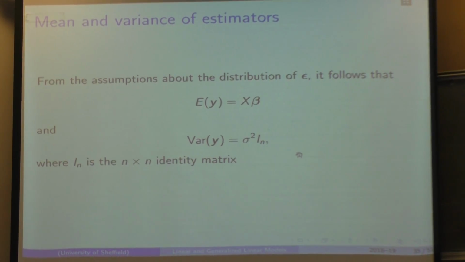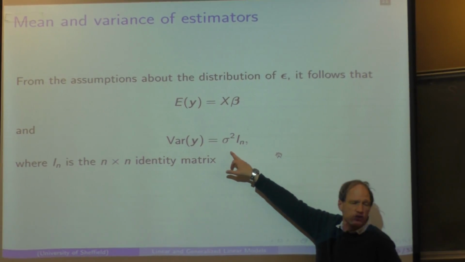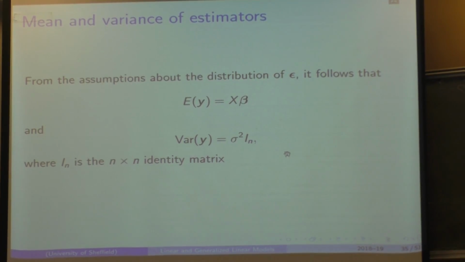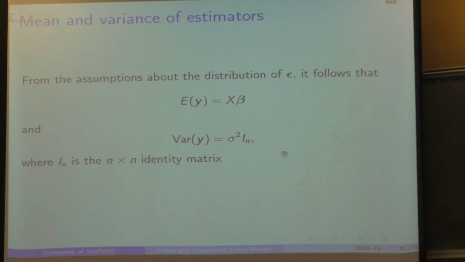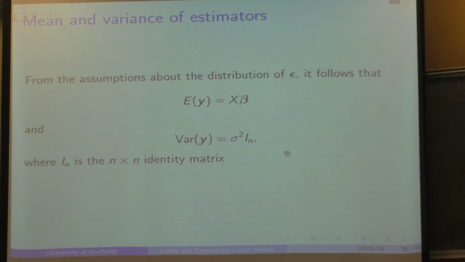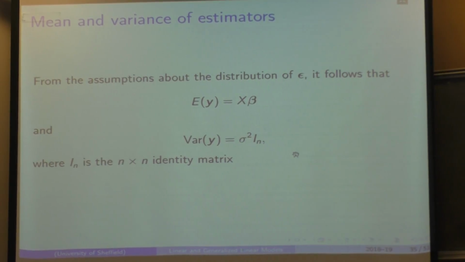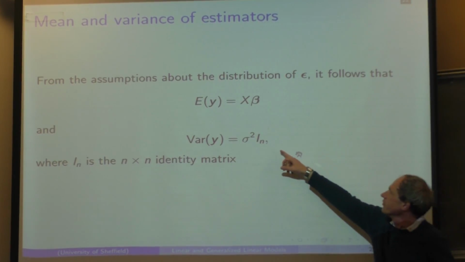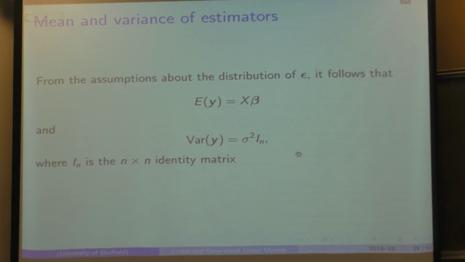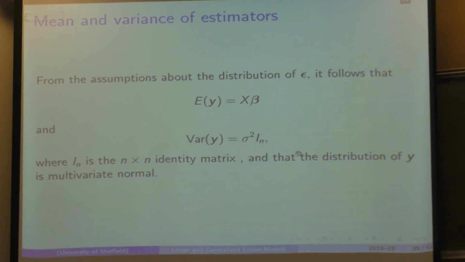And the variance of the y's, again coming from our assumptions, is just sigma squared times the n-dimensional identity matrix, because we assumed that the epsilons had variance sigma squared and were independent of each other. Okay, that implies that this is the form of the covariance matrix for the y's. And we've also got the further information. The epsilons have a multivariate normal distribution, so that means the y's also have a multivariate normal distribution in our model.